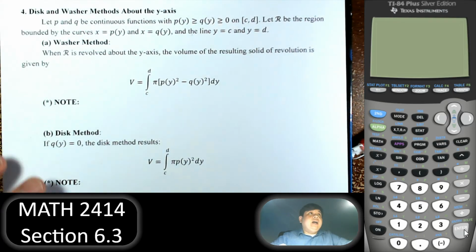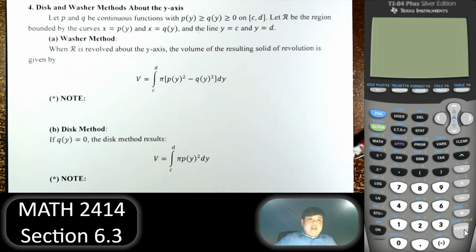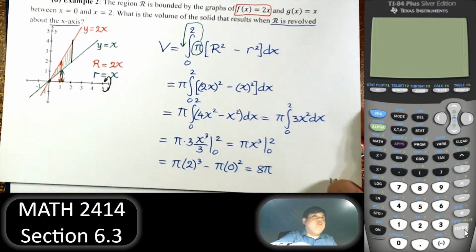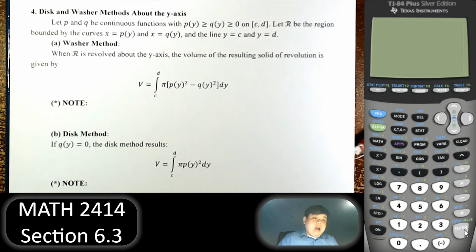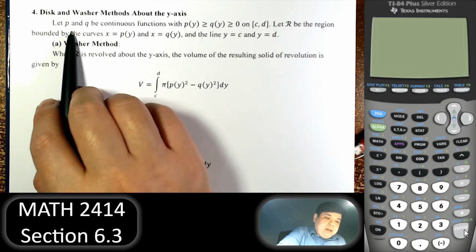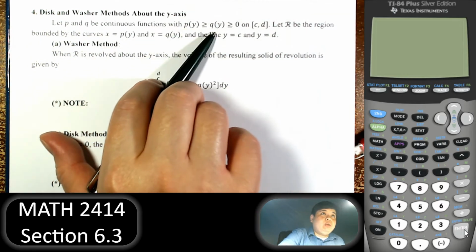Now, if the axis of rotation, I just want to put that one more time. Now the axis of rotation is the y-axis. Is there any difference? So there would not be any difference. Let P and Q be continuous functions, we have two continuous functions.